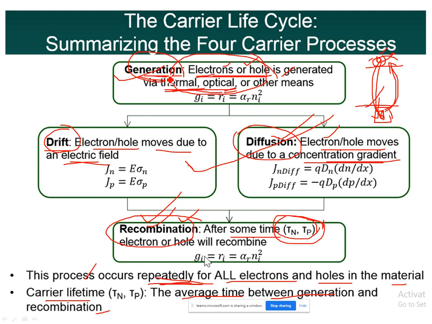The time gap between generation and recombination is the lifespan of the electron or hole, the carrier lifetime. It was alive for this much time. That time between generation and recombination, the birth and death, is called carrier lifetime.